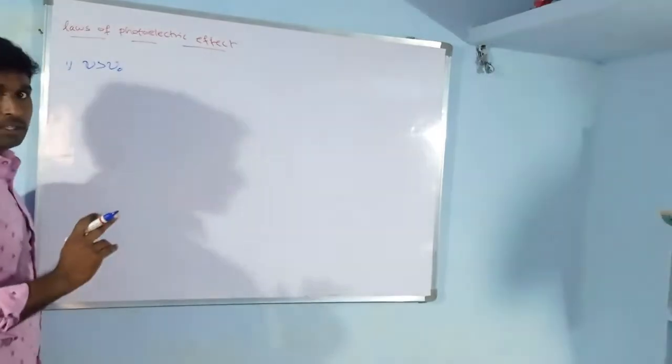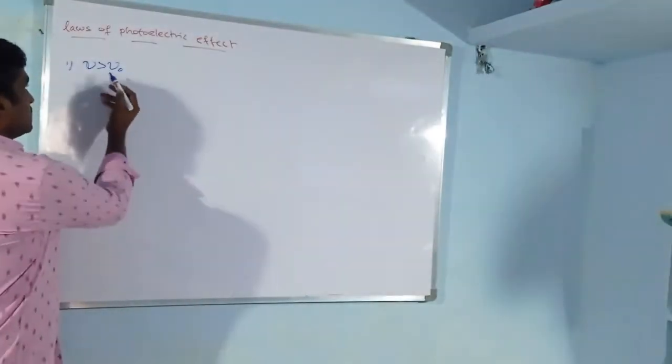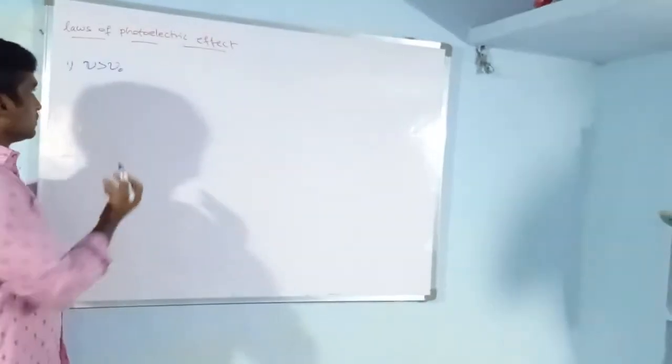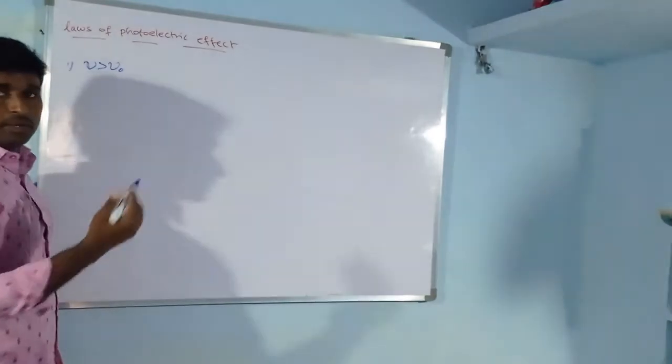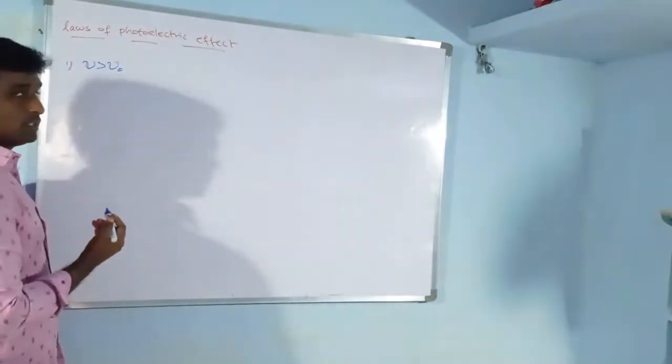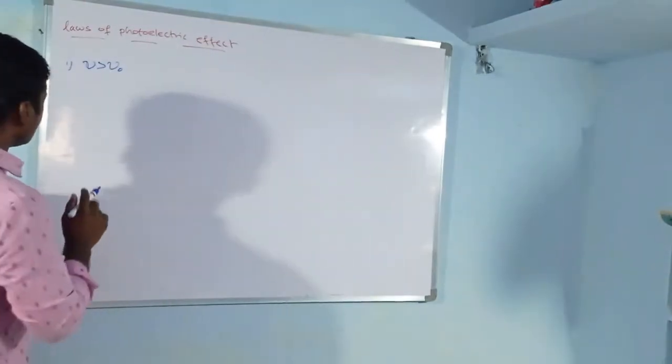If you want photoelectrons from any metal surface, this is the minimum condition. Only under this condition will photoelectrons be emitted from the metal surface. Otherwise, photoelectrons are not emitted.